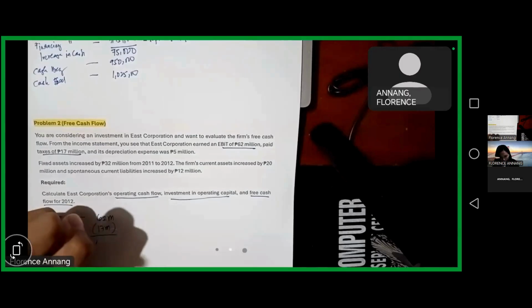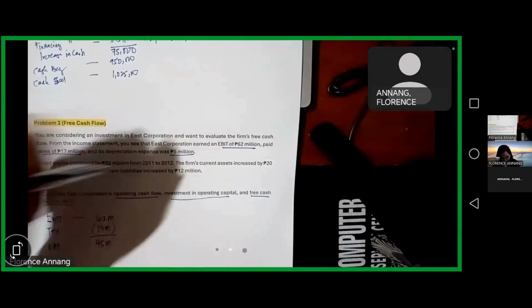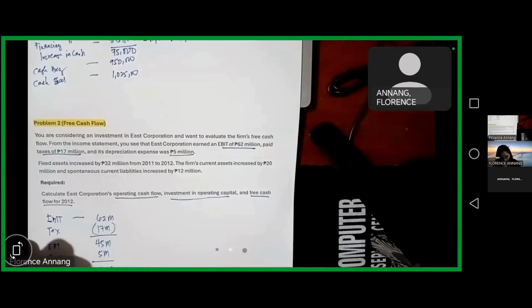That is 45 million. And meron tayong depreciation na 5 million. So, we have our operating cash flows na 45 plus 5, that's 50 million. This is our operating cash flow.